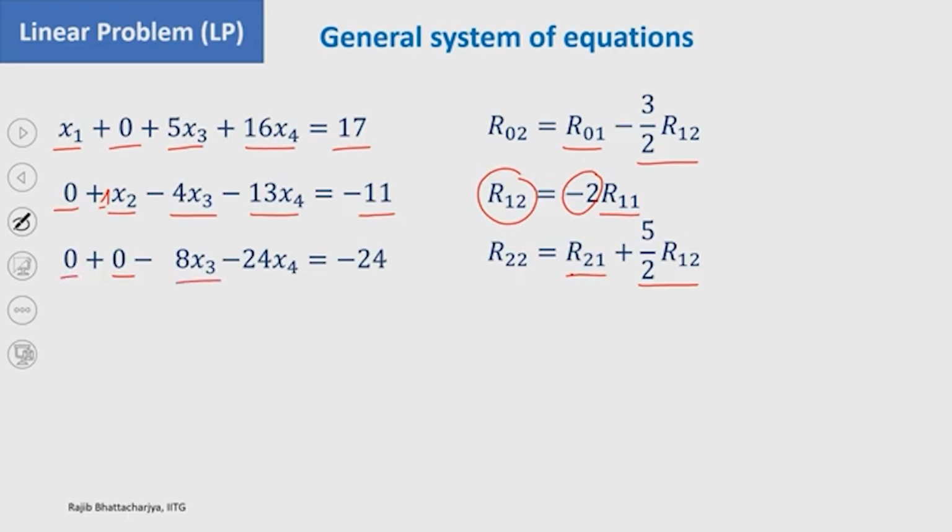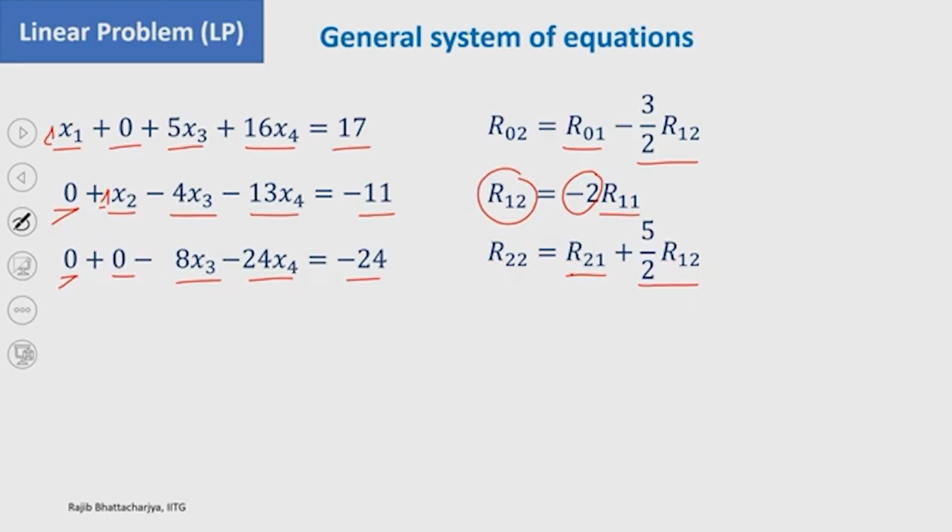So, now I am getting minus 8 x 3 minus 24 x 4 equal to minus 24. With this, what have I done? The coefficient of x 1 in equation 1 is 1 and for the others it is 0. Similarly, the coefficient of x 2 in equation 2 is 1 and for the other equations it is 0.